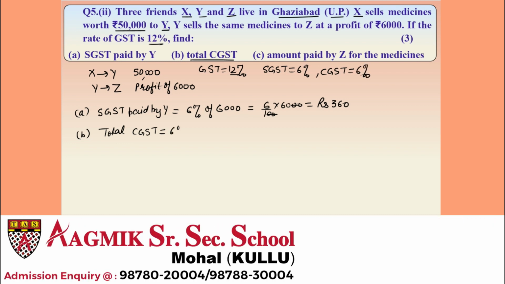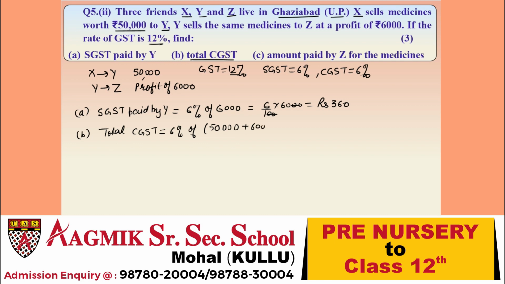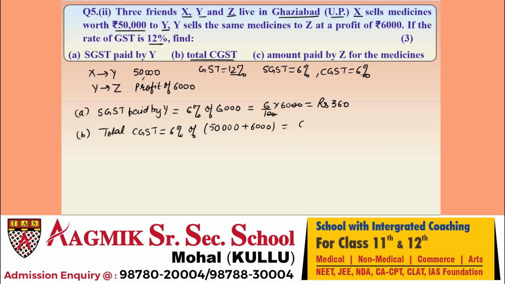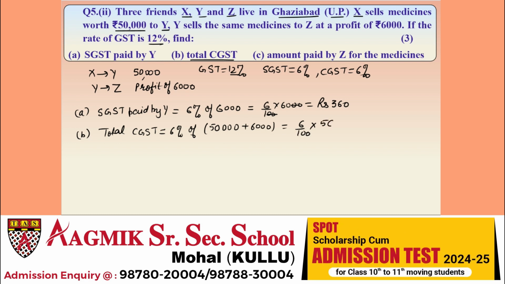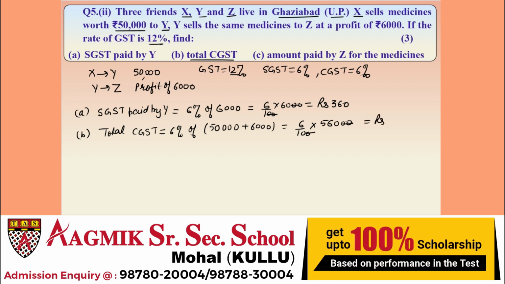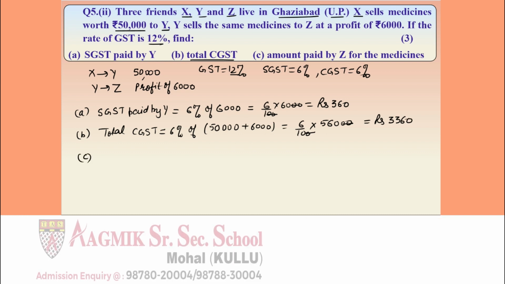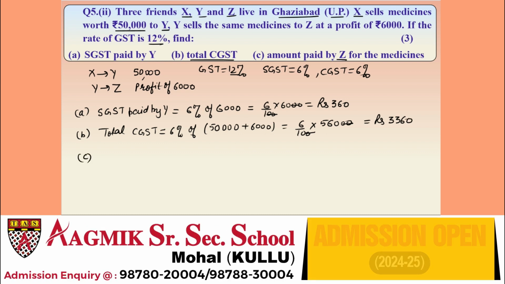So this will be 6% of the total amount involved, that is 50,000 plus profit of 6,000. So this is equal to 6 by 100 times we have 56,000, right? So 2 zeros will get cancelled. So this will give you rupees 3,360. Then C part is amount paid by Z for the medicines.